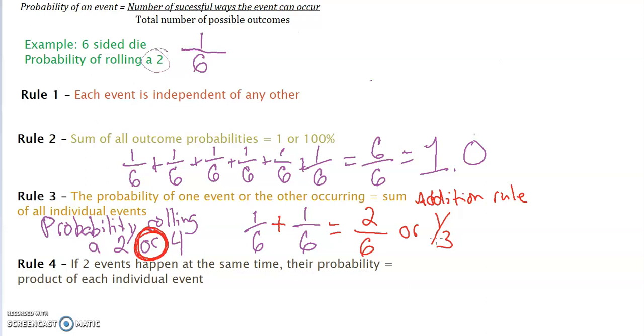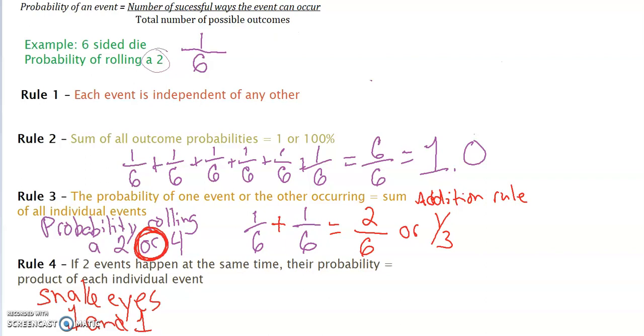So let's take 2 dice. Those are both going to be 6-sided. So what is the probability of rolling what gamblers call snake eyes? Snake eyes is rolling a 1 and a 1 at the same time.